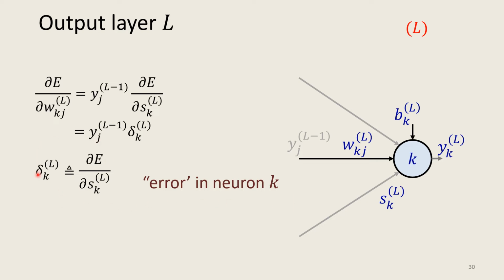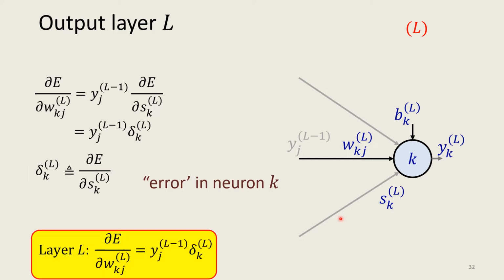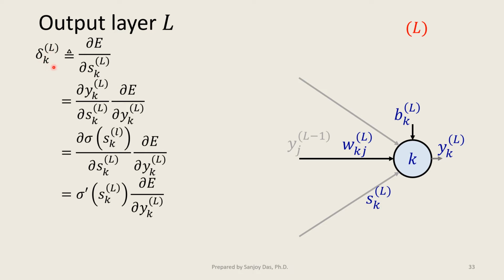So this is the expression for the error delta, and using this definition we can replace this here with delta, whence we get partial E over partial w equals yj times delta k. And this is an important expression, so let's write it down here and keep it in memory.